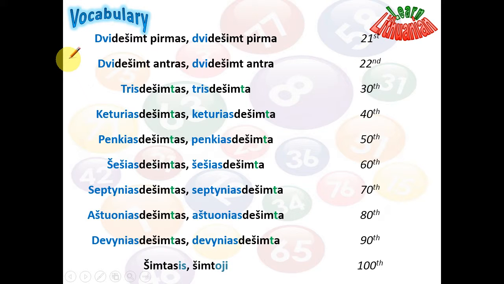I'm kidding, not all those numbers will be in these slides. 21, 22, 30, 40, 50, 60. I know that this is hard for foreigners.